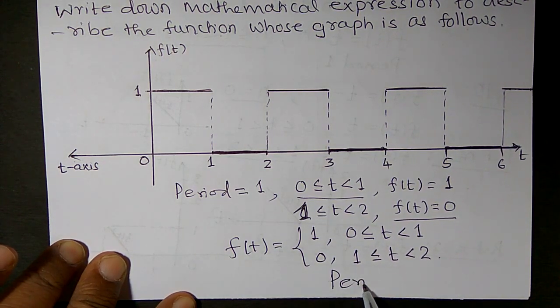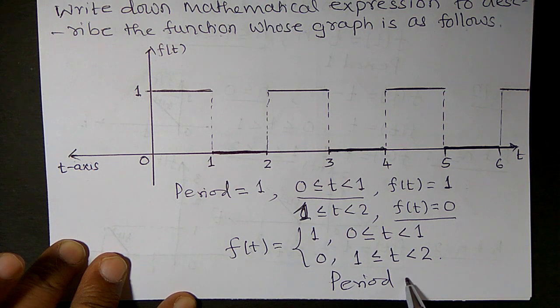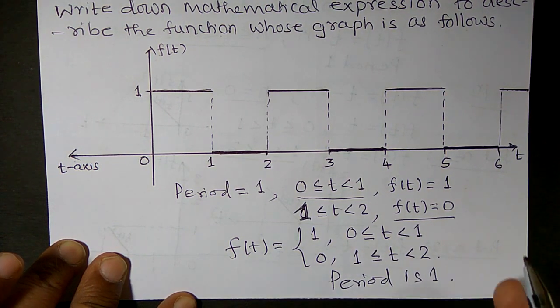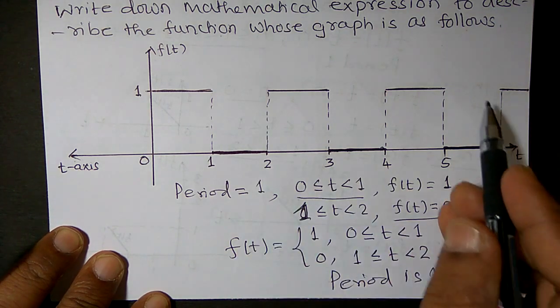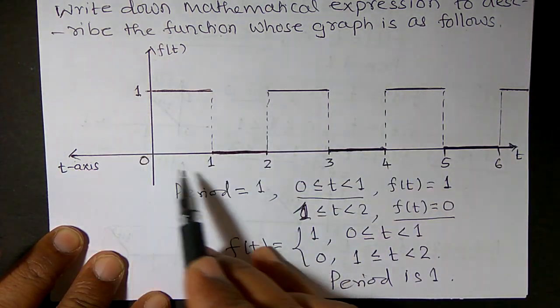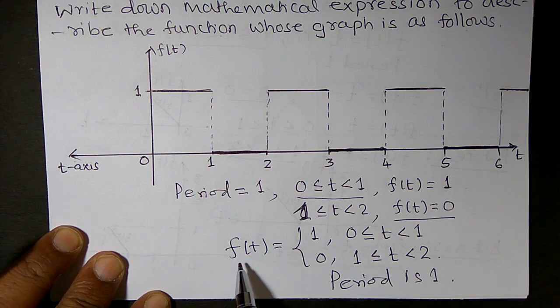What is the period? Period is 1. So you can describe the entire graph by using the function f of t is equal to 1 for 0 is less than or equal to t is less than 1, and f of t is equal to 0 when 1 is less than or equal to t is strictly less than 2.